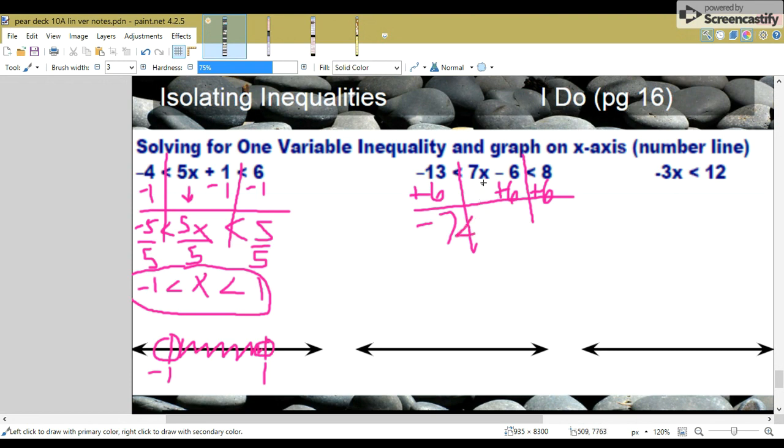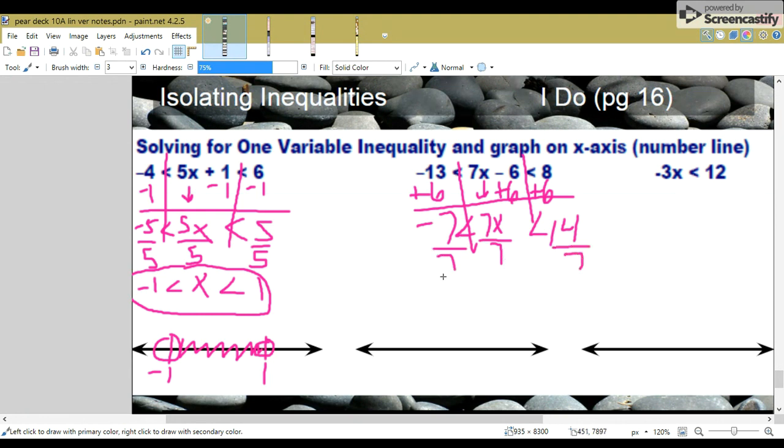Carry down our less than sign. Carry down our 7x. 6 minus 6 is 0. Carry down our less than sign. 8 plus 6 is 14. 7 times x. The opposite of times is dividing. Divide each term by 7.